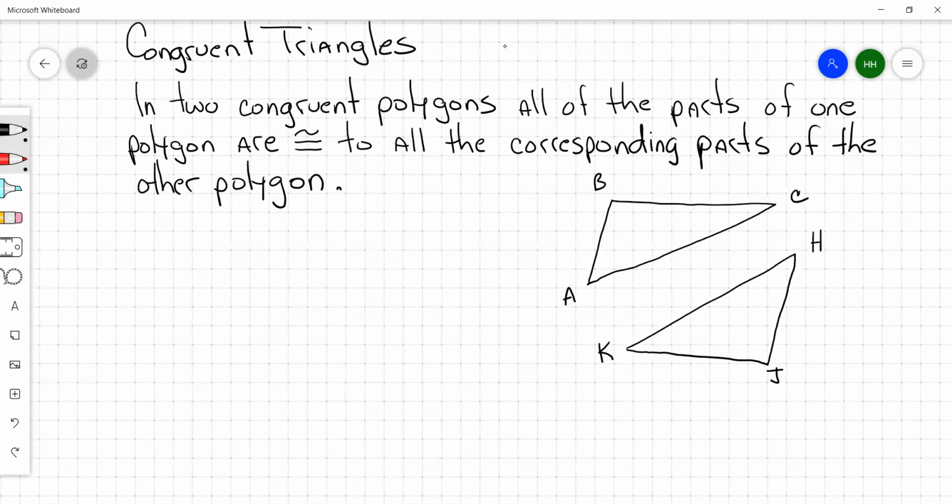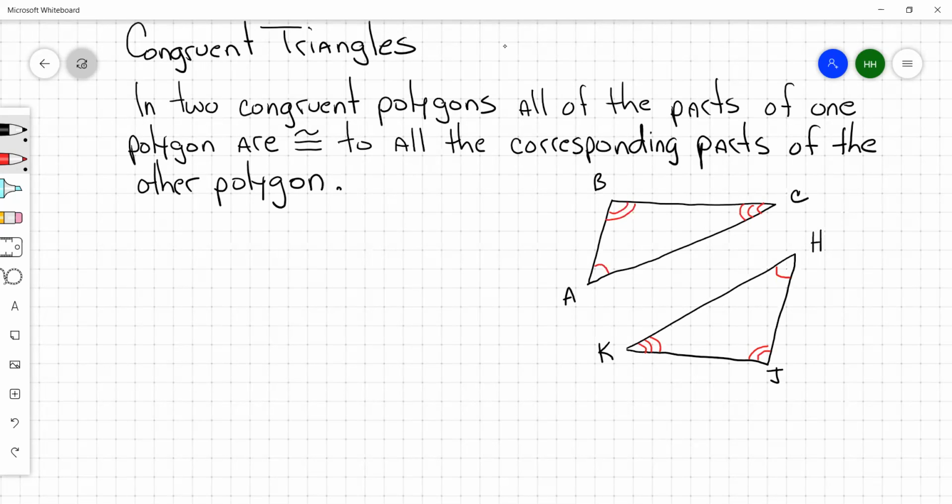So in a picture, if angle A is congruent to angle H, that's what it would look like. They both have one arc mark. If angle B is congruent to angle J, then they both have two arc marks. And if angle C is congruent to angle K, they would both have three arc marks. That's what it means in picture form.